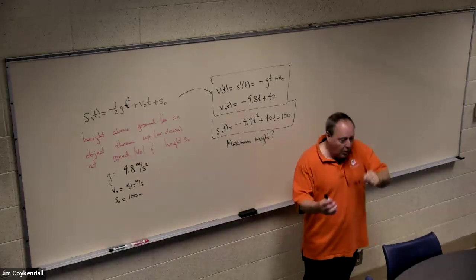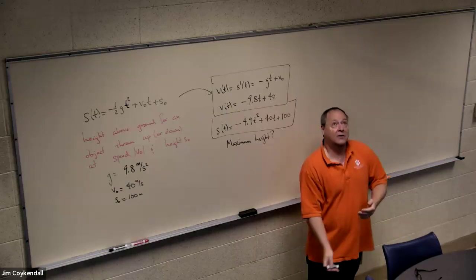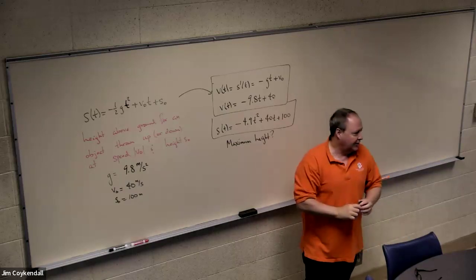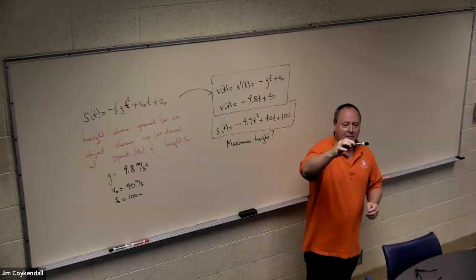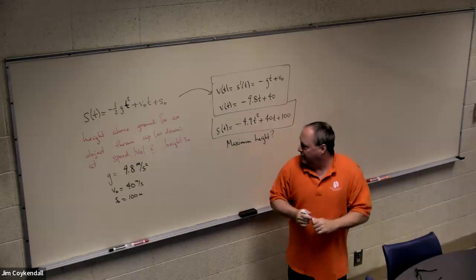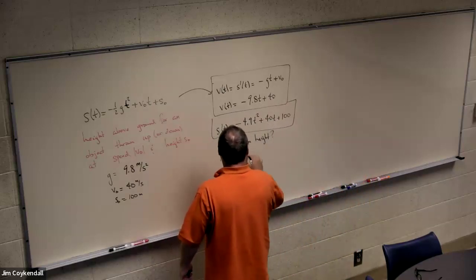That's right. When does this thing reach its maximum height? Well, at its maximum height, what can you say about its velocity? Yeah, it's zero, because it goes up, and right before it turns around, it's got velocity zero. So we need a time to make this work.